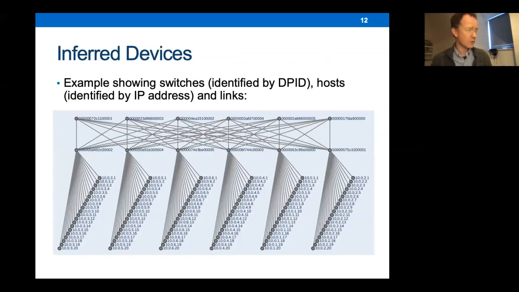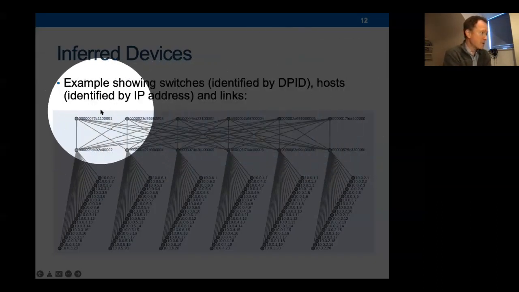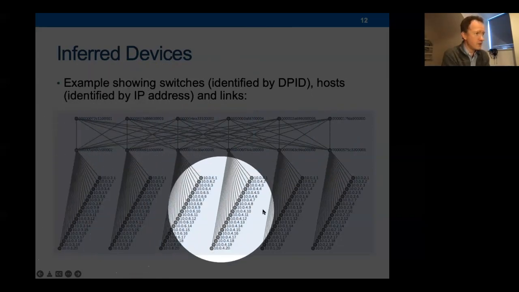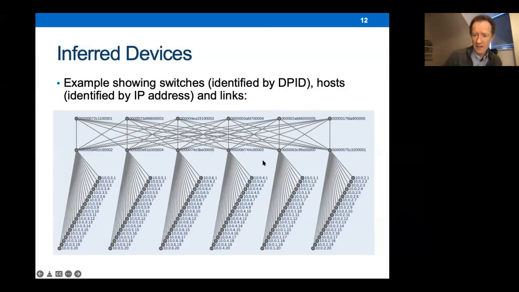In order to actually answer some queries. And this chart here was produced as part of the work of verifying the approach that we took. Graphically, it's representing a set of switches towards the top of the chart, the links between the switches, and then hosts connected to each switch, 20 hosts connected to each switch, with the data path identifiers of the switches and the IP addresses of the hosts.